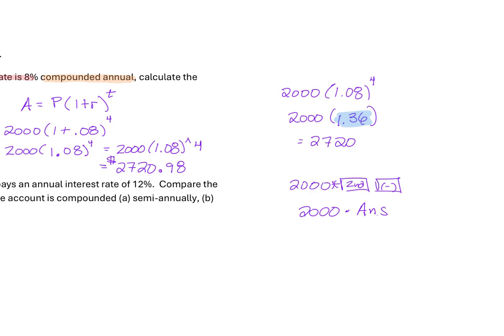If you do it this way, then what you should get is 2720.98. Now, if you are using the second answer feature on your calculator, just note, if you make a mistake, you do have to go back and do this from the very beginning.